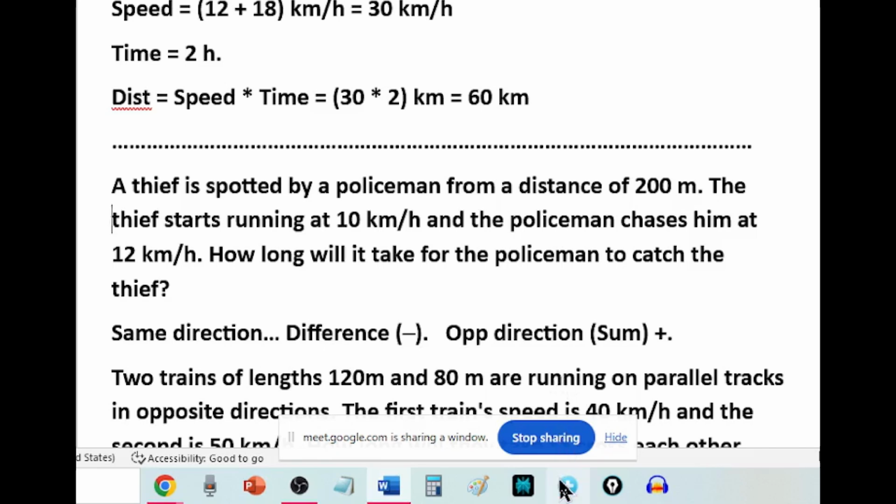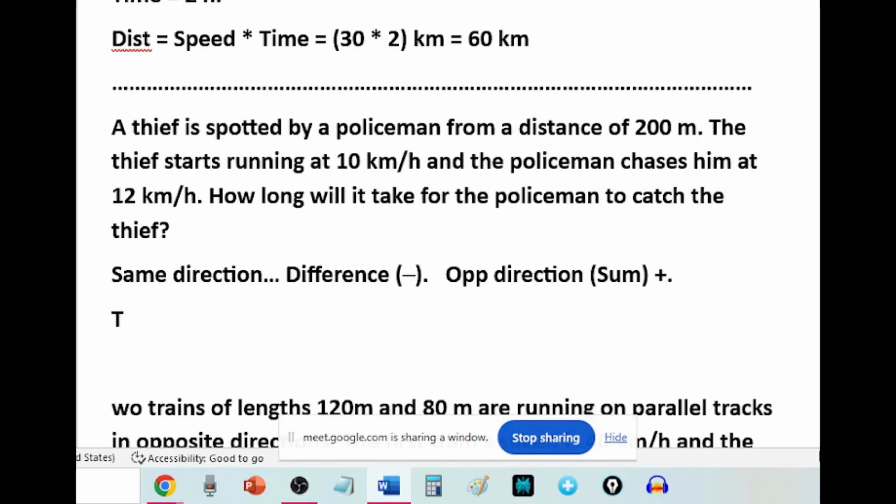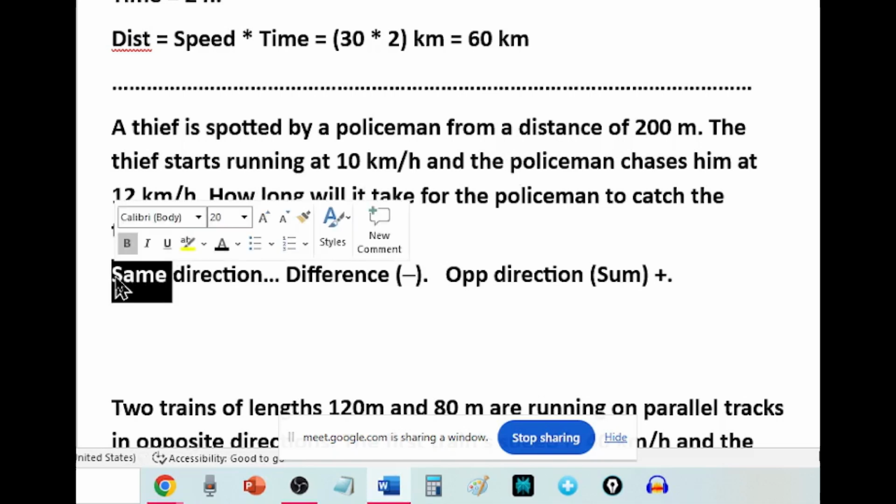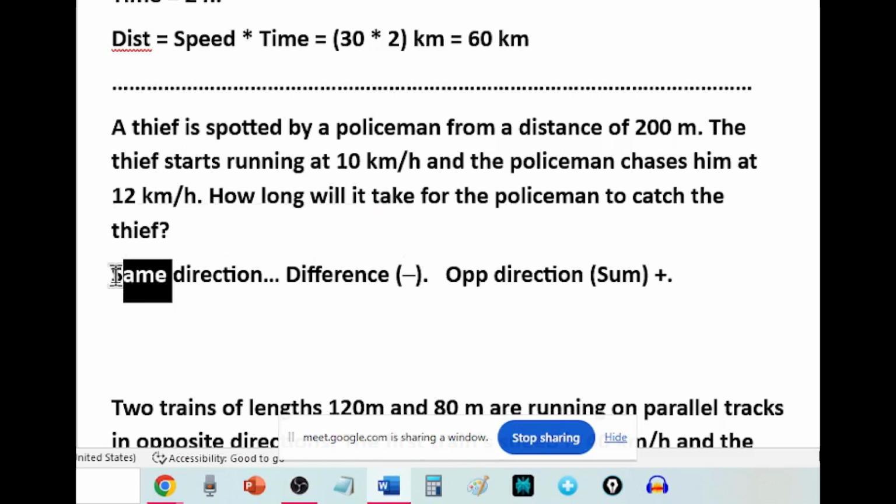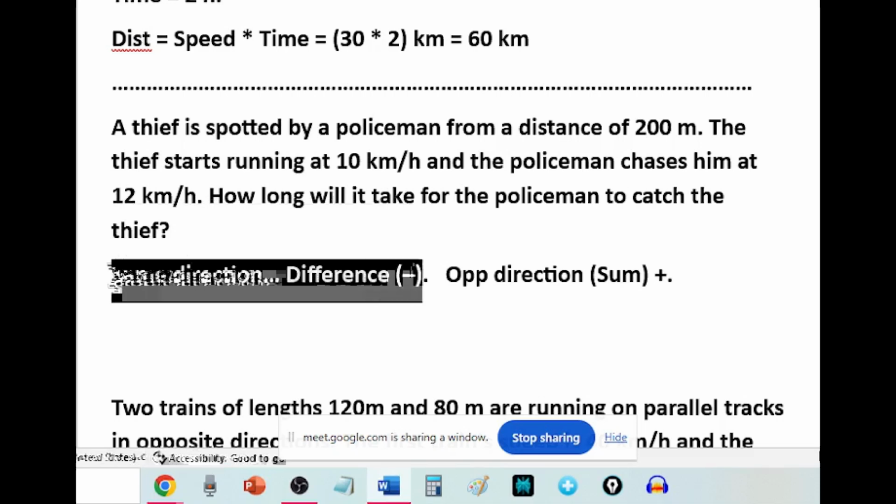So tell me, thief and policeman, are they running in same direction or opposite direction? The policeman is chasing the thief, same direction or opposite direction? Same direction. So what will it be? Minus. See the red color?